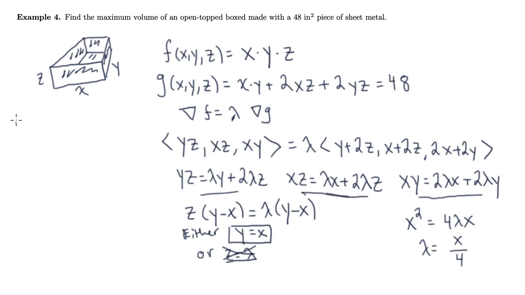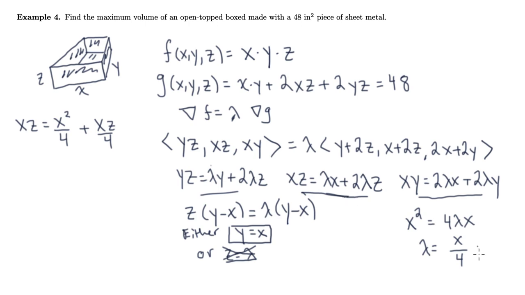So I have xz is equal to lambda x, which is x squared over 4, so x times x over 4, plus 2xz over 4, so that's just xz over 4.